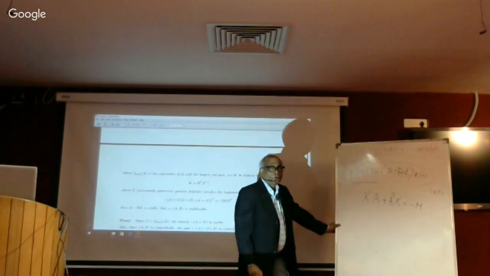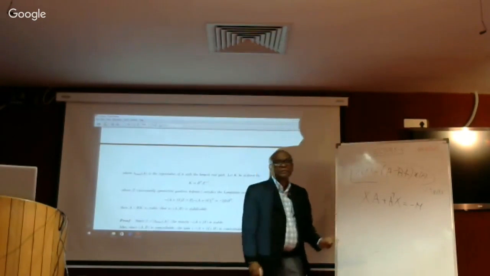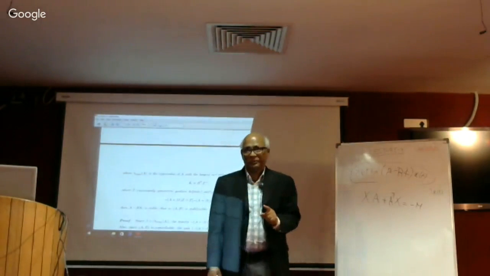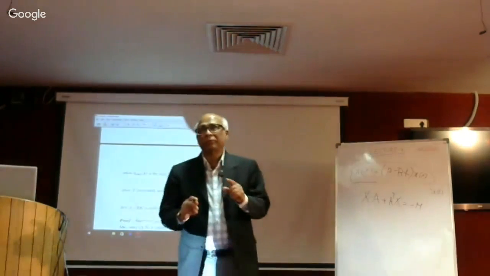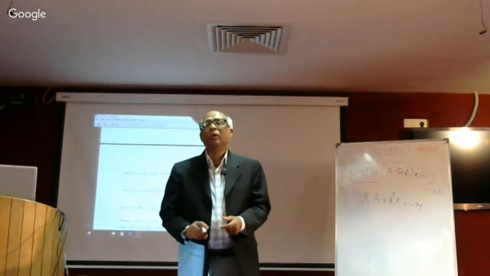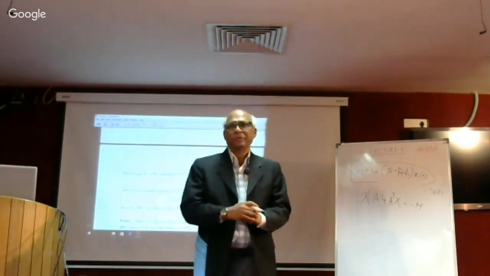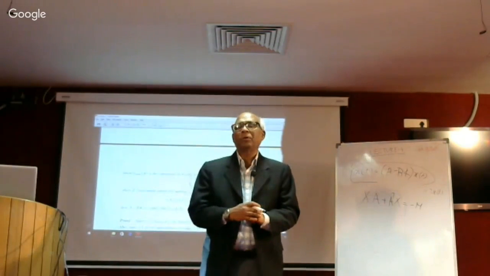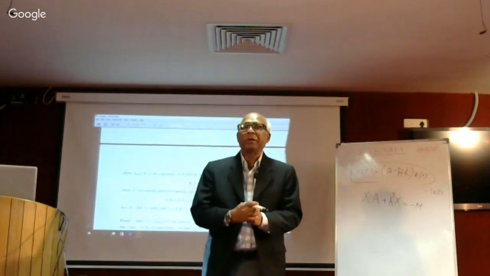This matrix equation, where M is a symmetric positive definite matrix, has a unique symmetric positive definite solution X if and only if the matrix A is a stable matrix, meaning that if and only if all the eigenvalues of the matrix A have negative real parts.